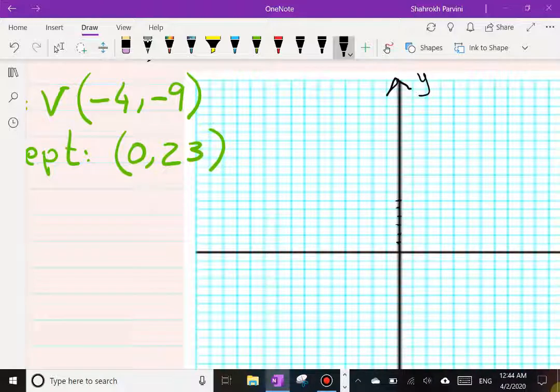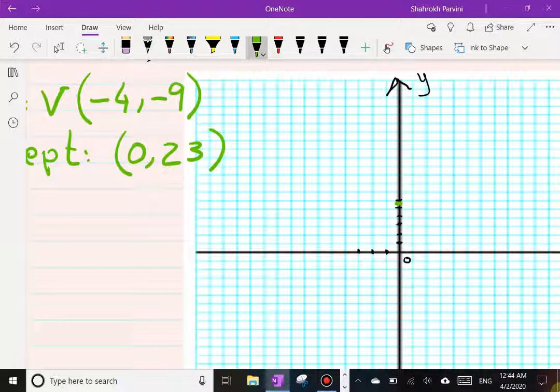Again, each tick mark for me is 4 units. So this would be -4, that would be -8, -12, and so on. And this would be 4, 8, 12, 16, 20, 24. Now, the point 0, 23 is going to be right there.